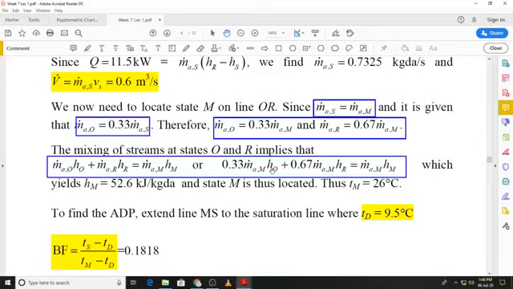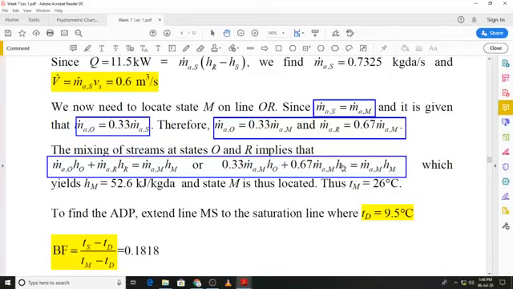Having replaced those, you will see that the terms m dot am cancel out on both sides of the equation. You will get 0.33 times h outside plus 0.67 times h for the space, and that will be equal to hm.